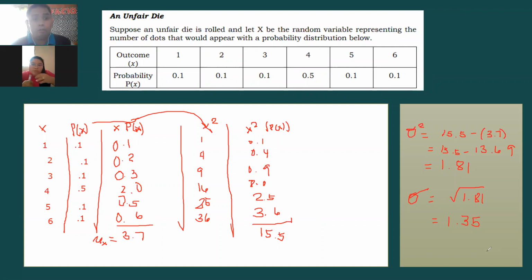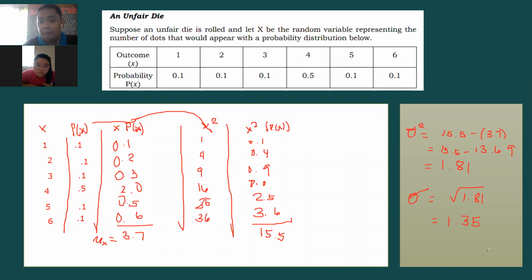Kung tatanungin mo ang mga taga-Lipa City, maraming pwedeng maging sagot. Pero kapag tinanong mo ang buong Pilipinas, mas marami magiging sagot na pwedeng lumabas, kasi mas marami kang tinanong. So, ibig sabihin, sa paglaki ng population, mas malaki ang posibilidad na lumaki rin ang standard deviation at saka po ang variance. Please take note of that.